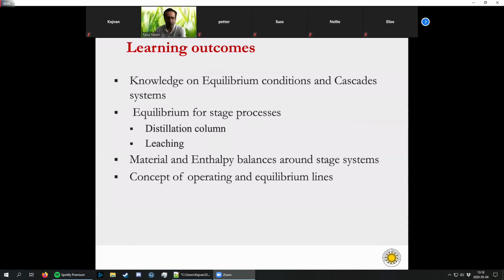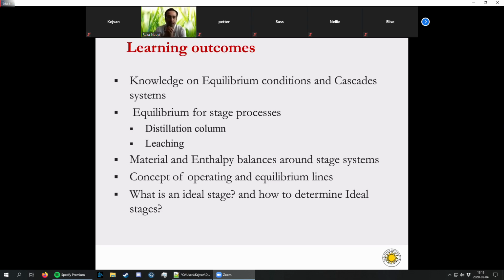It is very important for you to learn the concept of an operating line and an equilibrium line. What information do we get from operating lines, right? And how can we present the operating line in the graph with the equilibrium curve? I will also very briefly discuss what we mean by an ideal stage and how we can determine ideal stages.